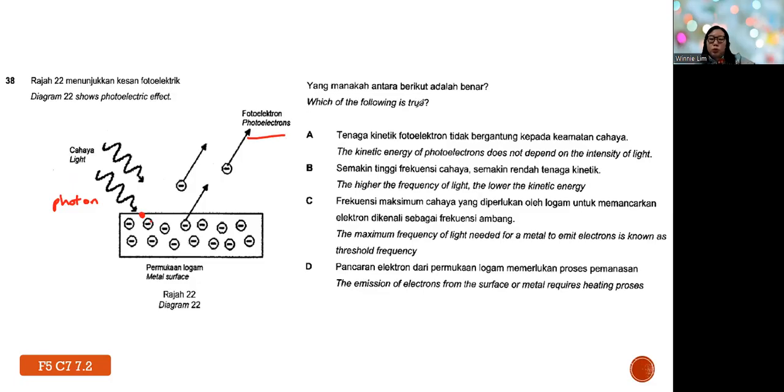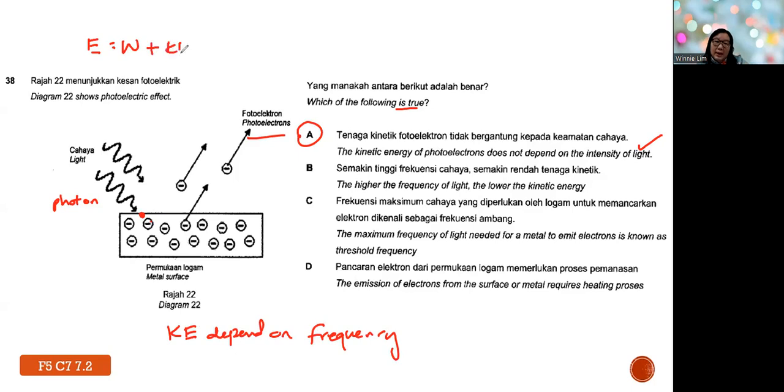So they want the true one. Okay, so the kinetic energy of the photoelectron does not depend on the intensity of light. Actually, this is the correct answer, because the kinetic energy depends on what? It depends on frequency. The general formula from Einstein gives this relationship: the photon energy is equal to the work function plus the kinetic energy.